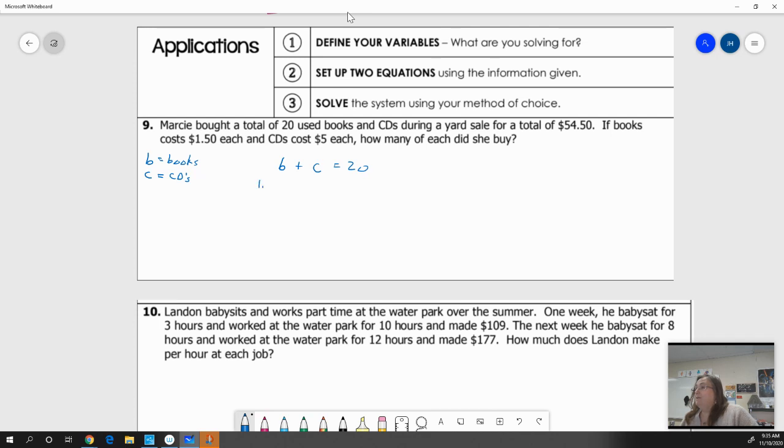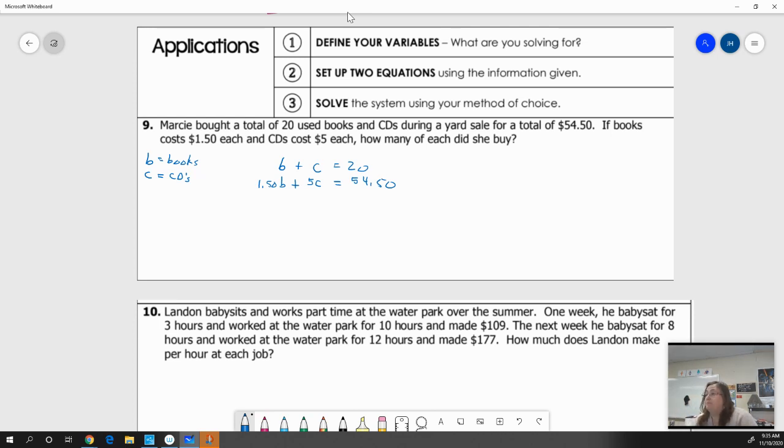So $1.50 times B plus CDs cost $5, so 5 times C equals, what do we know? A total of $54.50. We don't know how many B's we have here, and we don't know how many C's we have here, right?